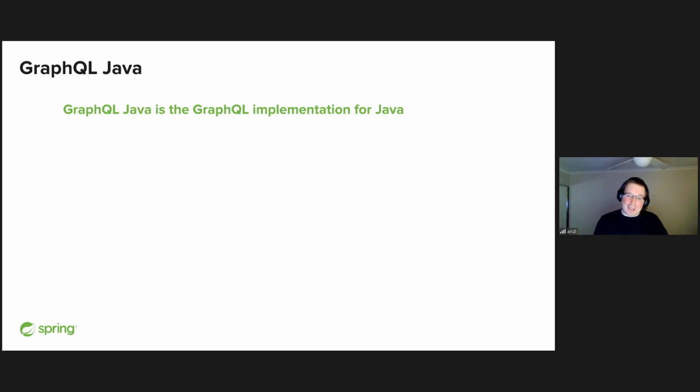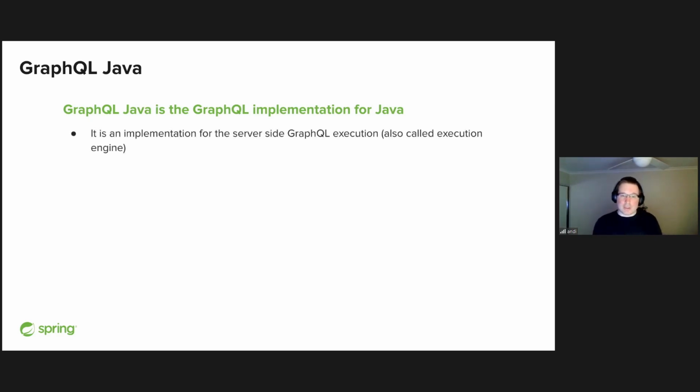It implements the specification I just mentioned before for the JVM. Like I said, it's an implementation of the specification. To be more precise, it's an execution engine. So the main and sole purpose of GraphQL Java is to execute the GraphQL request as fast and as correct as possible.